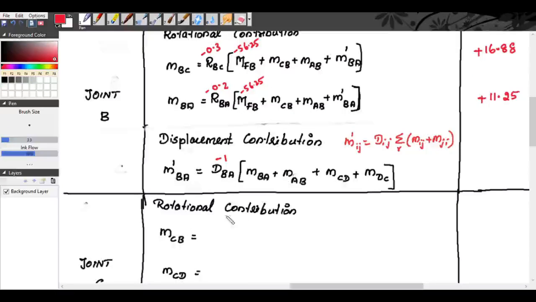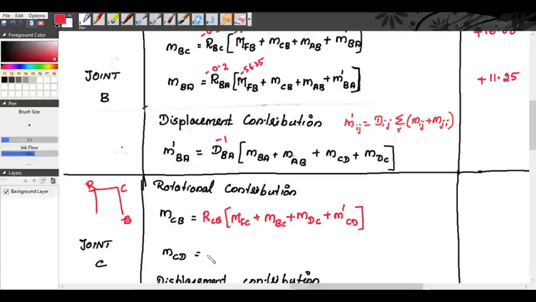For joint C, the formula will be MCB equal to RCB multiplied by MFC plus the contribution from the nearer joints. If you take joint C, the nearer joints are B, so rotational contribution from the nearer joint MBC, plus rotational contribution from the nearer joint MDC, plus the displacement contribution of the nearer column, that is M dash CD.